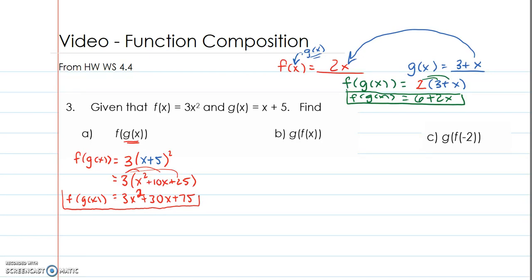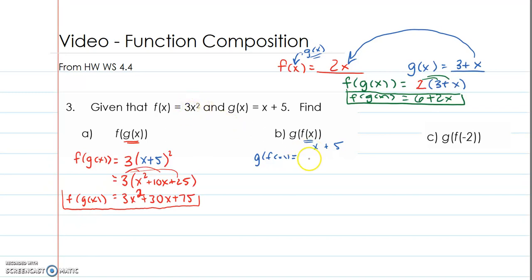So in this case, we have g of f of x. So now f of x is going to be the input to g. So g of f of x is going to be, well, let's start writing g. So that would be x plus 5. Maybe I'll write that up top. But we don't want an x. We want whatever f of x is.